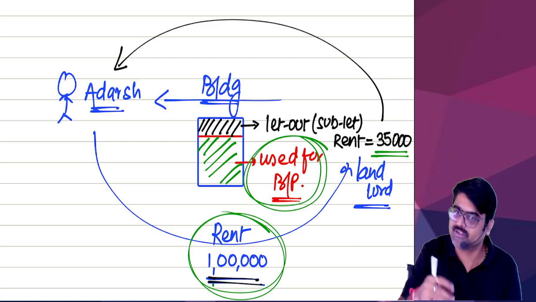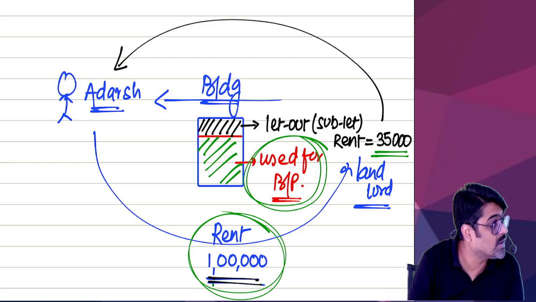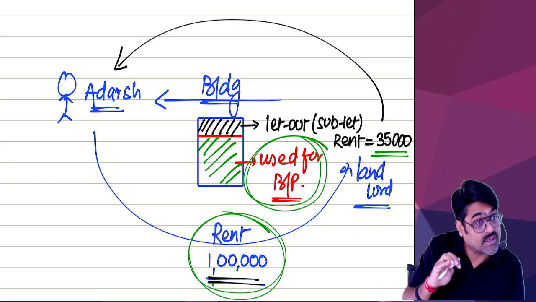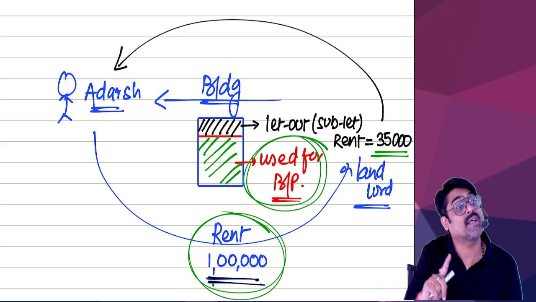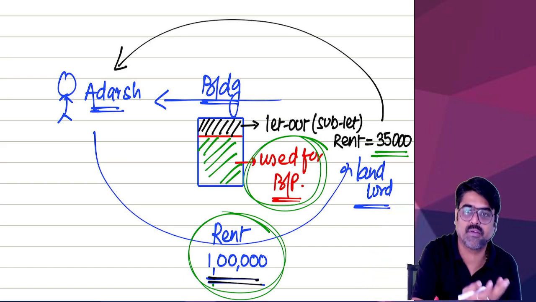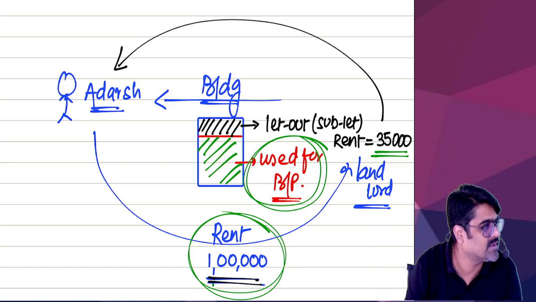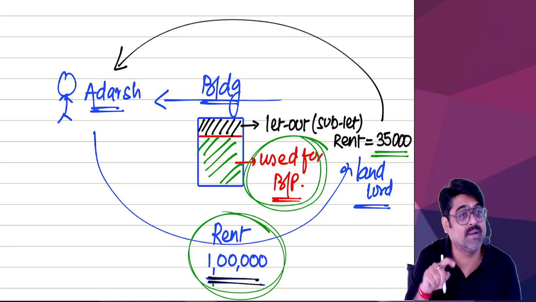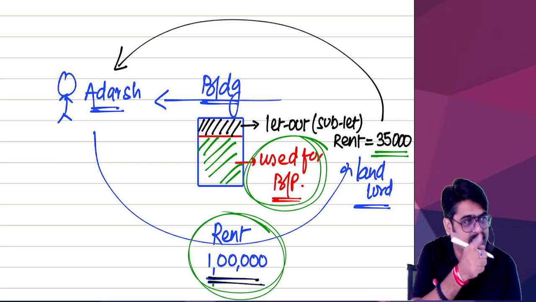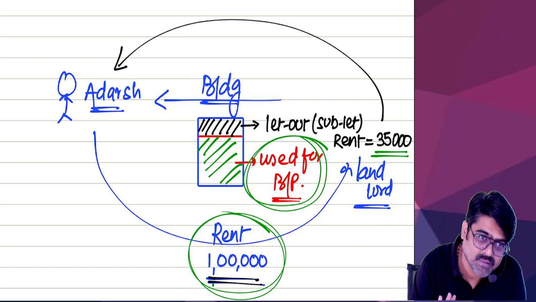So 1 lakh minus 35,000 which he has already recovered will be considered as the rent which he has paid for the portion which he is using for the purpose of his business or profession. Only that 65,000 will be allowed as a deduction. Got it, sir? But the entire 1 lakh which he is paying will be treated as income for that landlord. Will you remember this point?